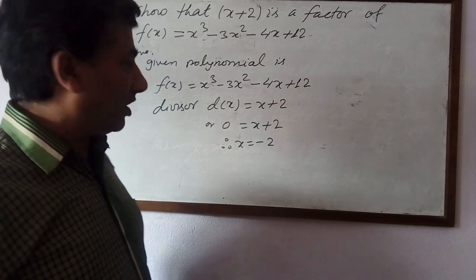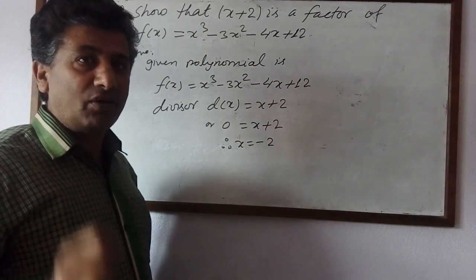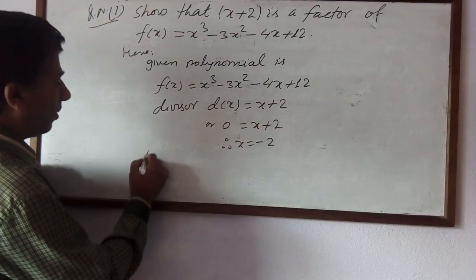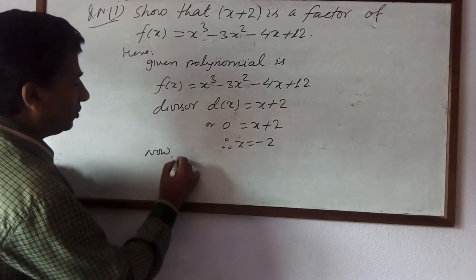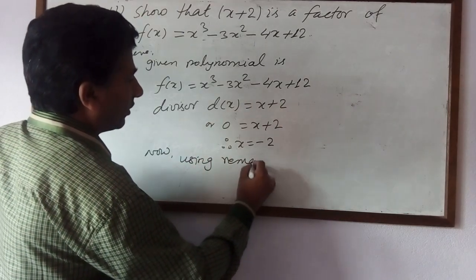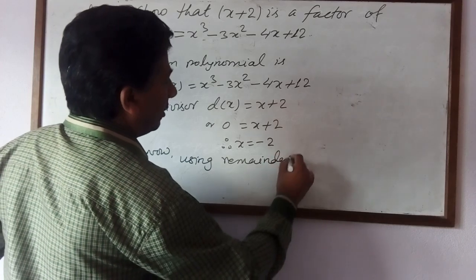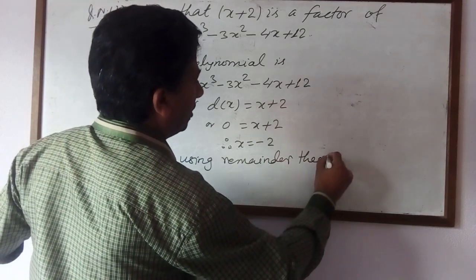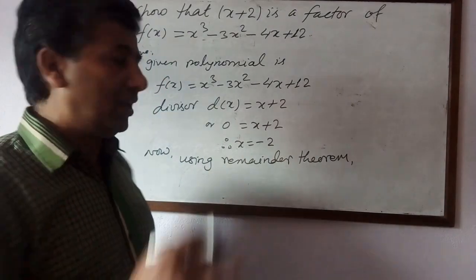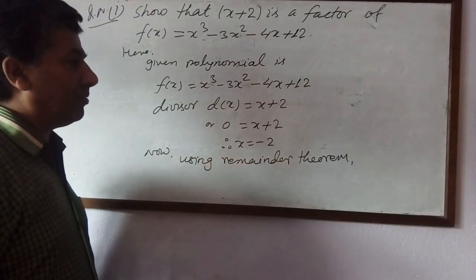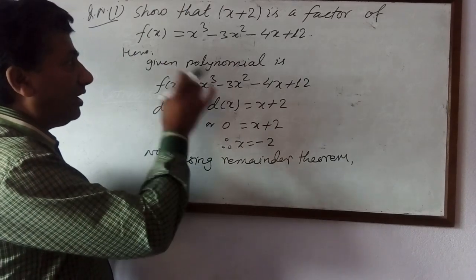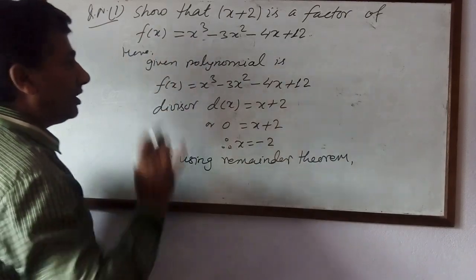By the help of remainder theorem we can find remainder without direct division. Using remainder theorem, we can only find the remainder, we cannot find the quotient.